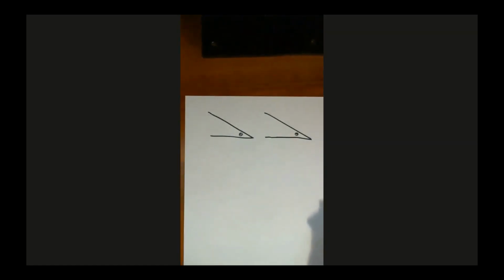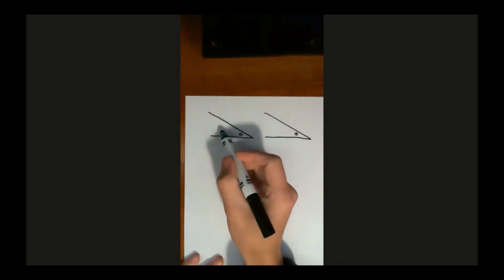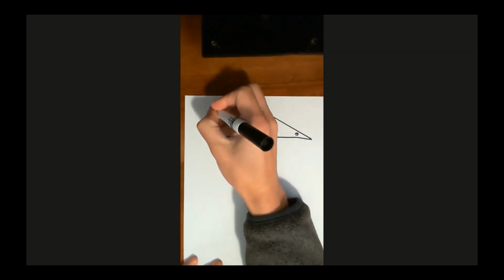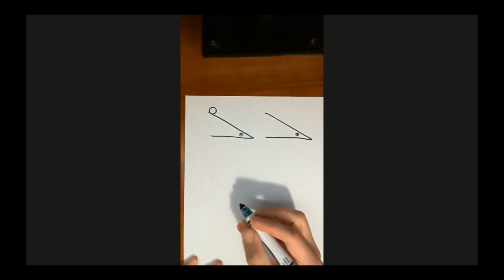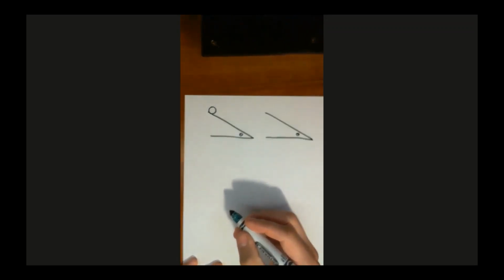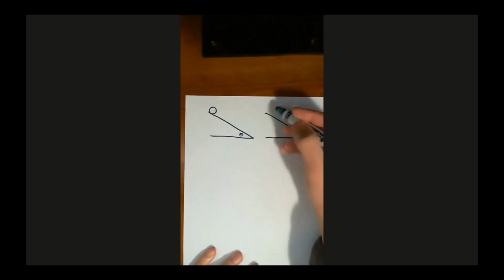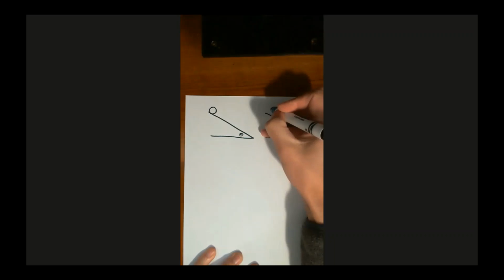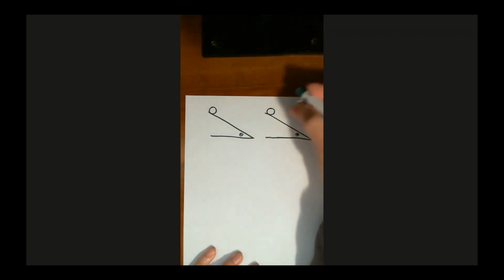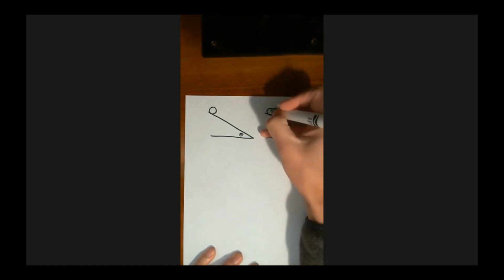Now our experiment is that on this ramp, we're going to have a solid disk. I'm going to draw the side view. The side view of a disk is just a circle. So this is our disk, and it's a solid disk. It's going to race down the ramp against something that has the exact same radius, exact same diameter, except it's not a solid disk.